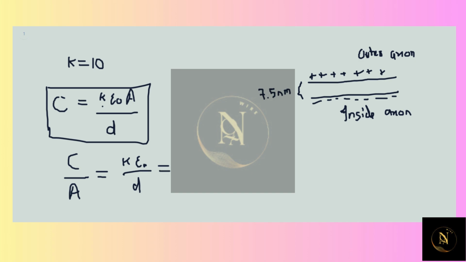We already know the values for all these terms. The dielectric constant is given to be 10. We know the value of epsilon naught, which is 8.85 times 10 raised to negative 12, and the distance between the two sides of the cell wall, which is 7.5 nanometers.